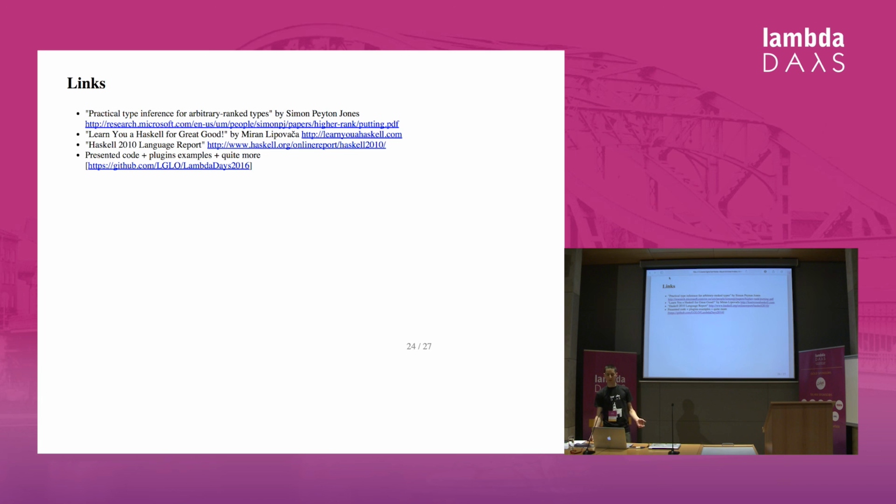It's a very good choice for a first book to read on Haskell. The Haskell Report 2010, which I have mentioned, defines the standard. And there's a link to my GitHub where you can download the whole presentation, and there is more code I didn't show because of time, of course.